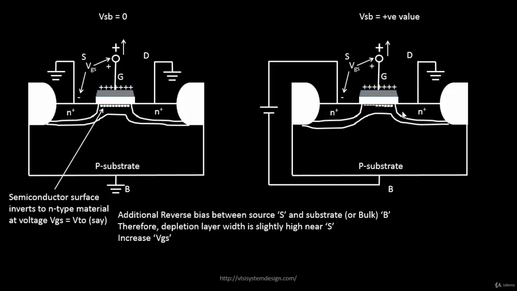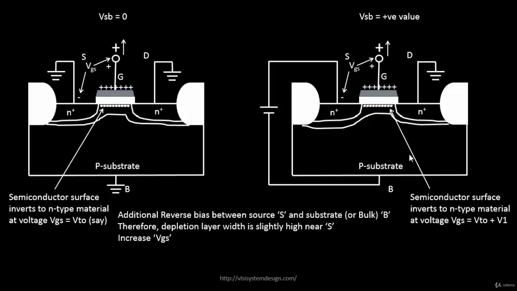So it will take some more gate to source potential to make this particular area completely inverted to an N type. So let's increase the gate to source potential even more. We'll increase the VGS voltage over here, and finally at some potential which is VT0 plus V1, there is an extra potential V1 needed for the surface inversion to happen in this scenario, purely because of the positive VSB value.